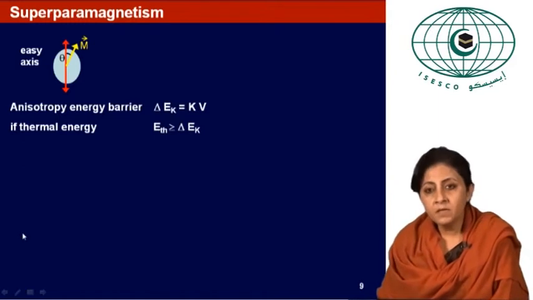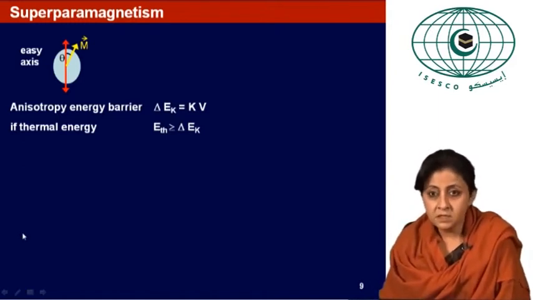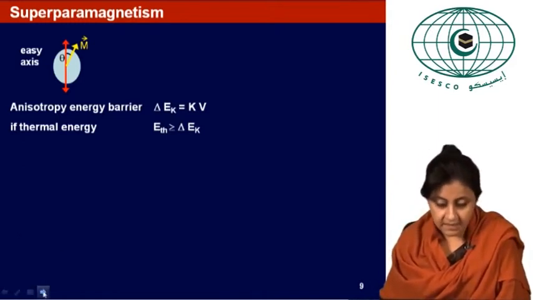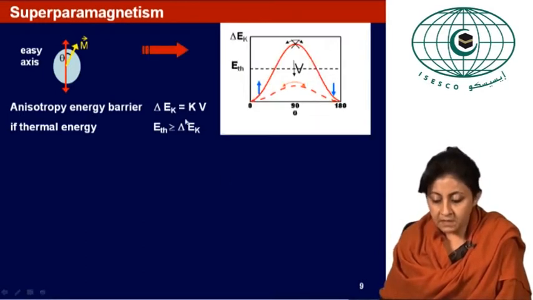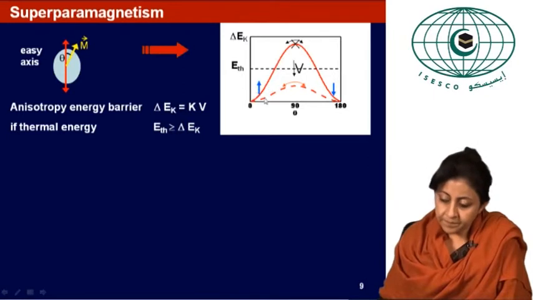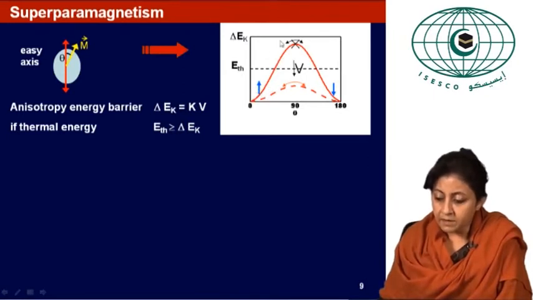If the available thermal energy which the magnetic particle has at its disposal is greater than this barrier, then the magnetization can overcome the barrier and change its direction.